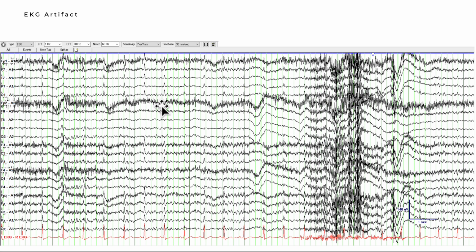And sometimes when you have a less obvious artifact, and you think, hey, is this discharge ECG artifact, or is it a real discharge? Putting an ear reference montage on will help you see that much better, to see, is this truly an epileptiform abnormality, or is this ECG artifact?